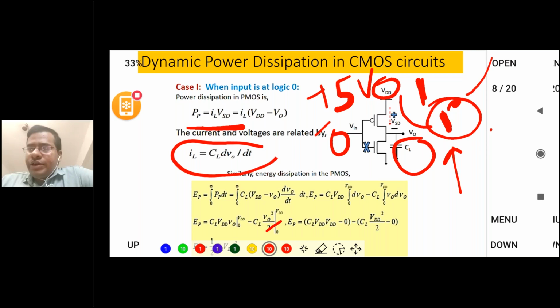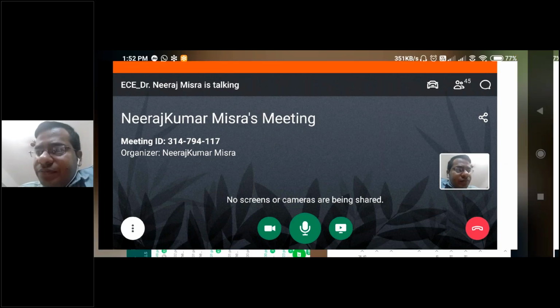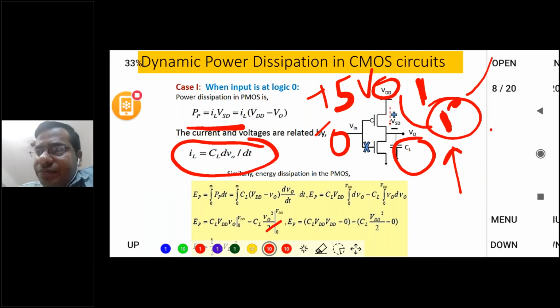Now you put this value: I is equal to C dV by dt. You know very well that the voltage level changes with respect to time, because the capacitor is in the charging state. From time to time your capacitor voltage changes, so it requires some time.